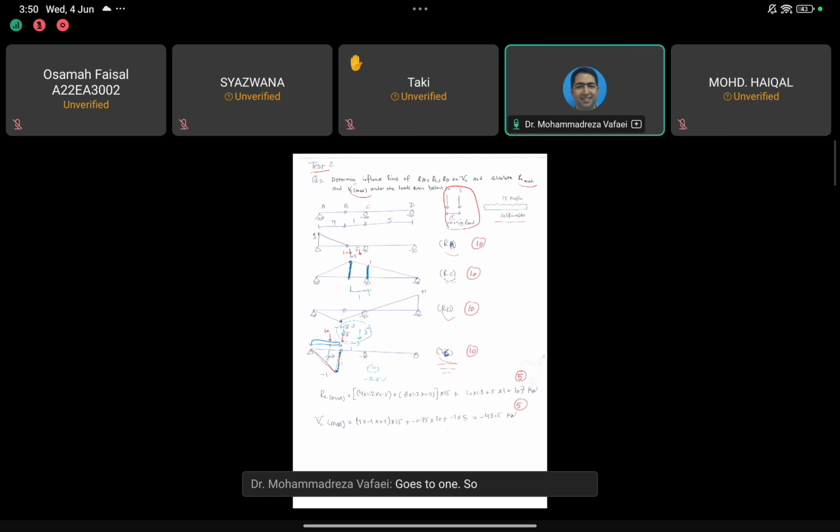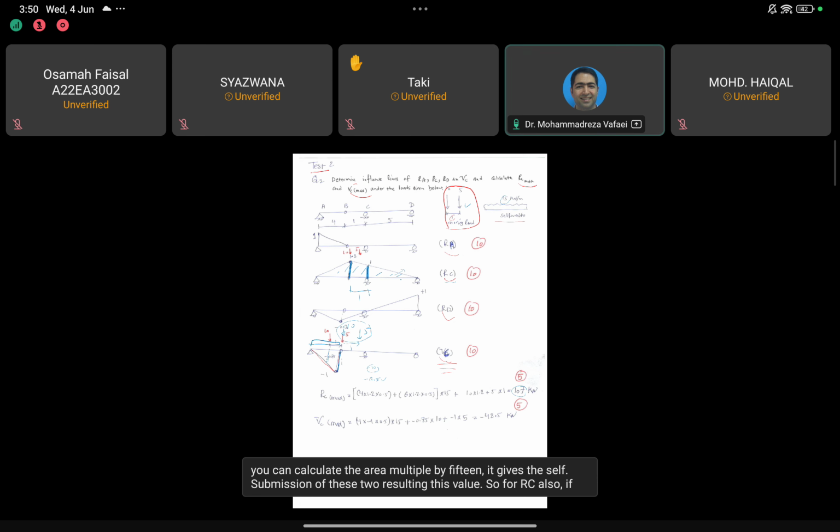So 10 multiplied by 1.2, 5 multiplied by 1 comes from the point load. And you calculate the area, multiplied by 15, which gives the self-weight. The summation of these two results in this value. For RC, if you look carefully, you see the area is always positive. Therefore, we don't have a negative value for the reactions.